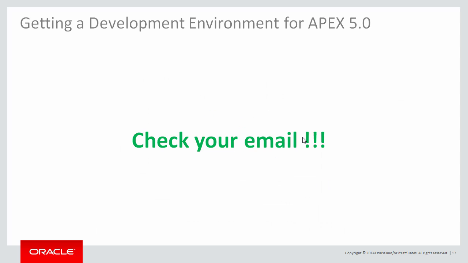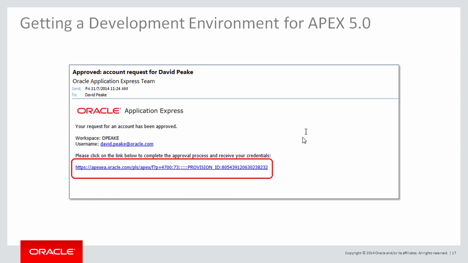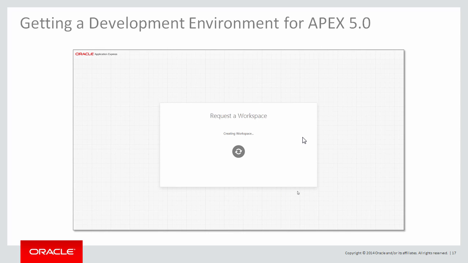Then you need to go and check your email. Within the email there's a link, and clicking on that link will actually provision the workspace. Until such time as you've actually clicked on that link, the workspace won't be provisioned because we need to ensure that you've provided a valid email address.